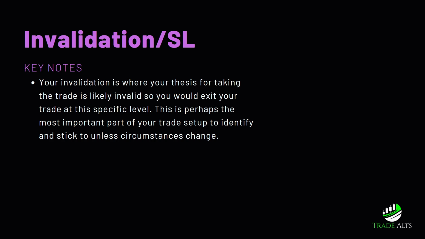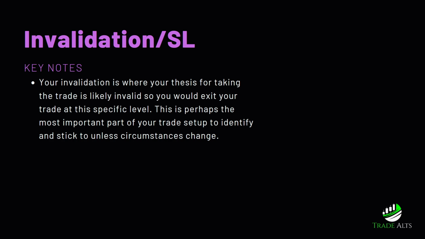So this is perhaps the most important part of your trade setup to identify and stick to, unless circumstances change. For the most part, you really want to have a really good idea of where that invalidation level is, and don't let emotions, which we're going to get to in later modules, get in the way. People have a tendency sometimes, if you're getting close to your invalidation, to just let it go.